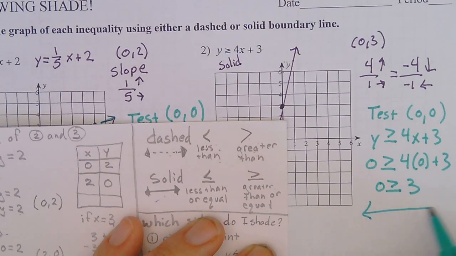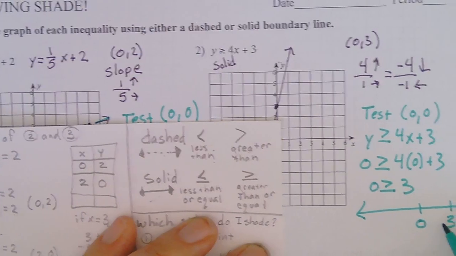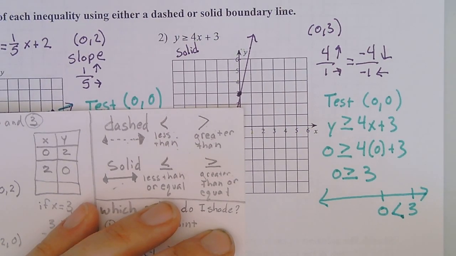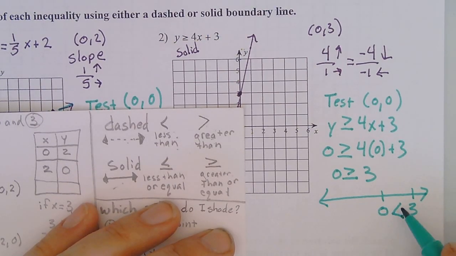Well, if you make a number line, and this is 0, 3 is greater than 0. 0 is less than 3. Sometimes rewriting it so you can understand a true statement, that means this statement is false.